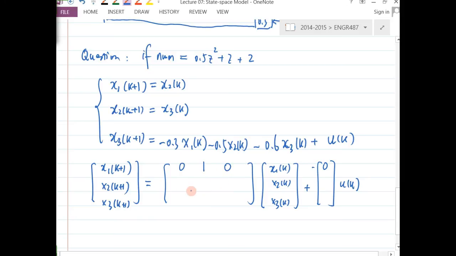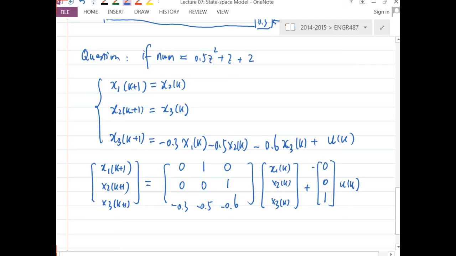The second row is 0, 0, 1. And the third row is the coefficients. That's the state space model, obtained based on that simulation diagram and that choice of state variables.